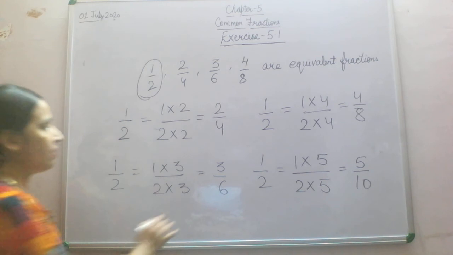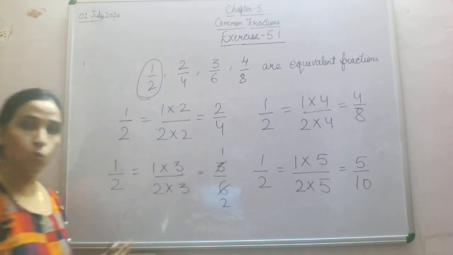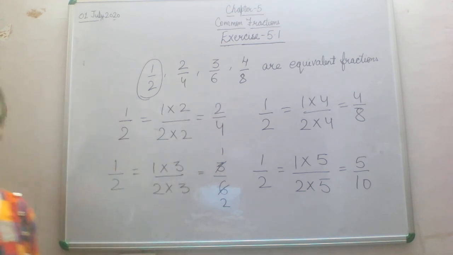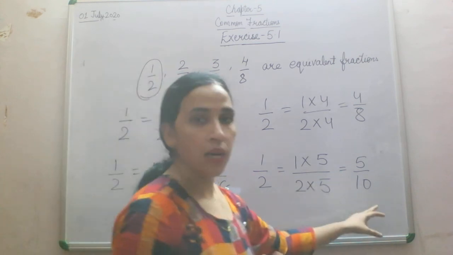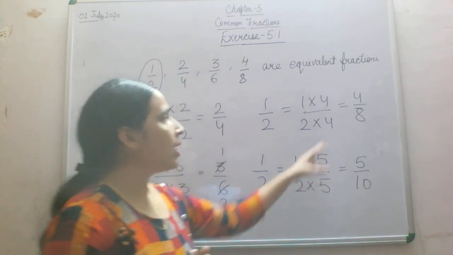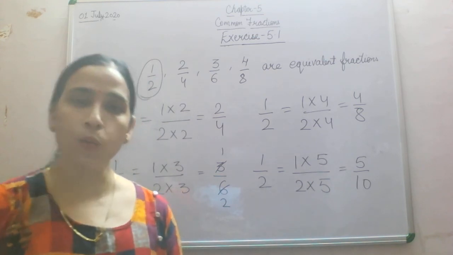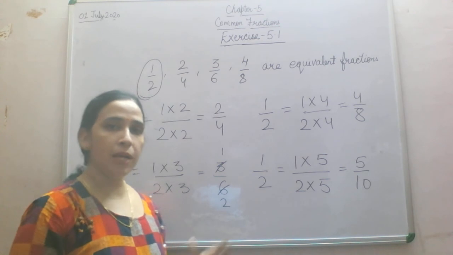When we divide, 3 1s are 3 and 3 2s are 6, we will get 1 by 2 only. Similarly 2 1s are, 2 2s are, we will get 1 by 2 only. 5 1s and 5 2s, again 1 by 2, and 4 1s and 4 2s are 8, again 1 by 2. So after reducing we are getting 1 by 2 only.